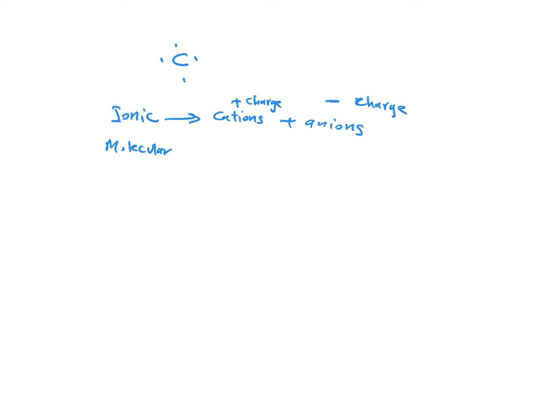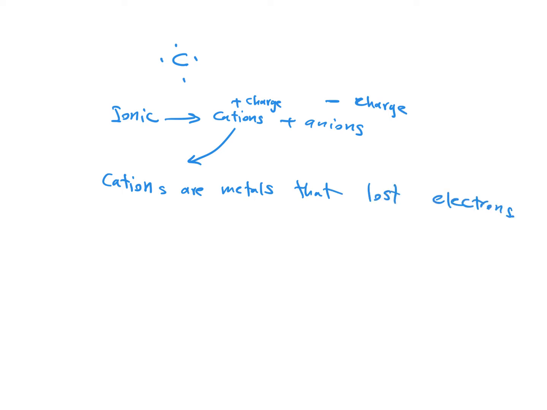And most of the time, 99% of the time, cations are metals that lost electrons, and anions are nonmetals that gained electrons. And when we have an ionic compound, we have cations and anions.